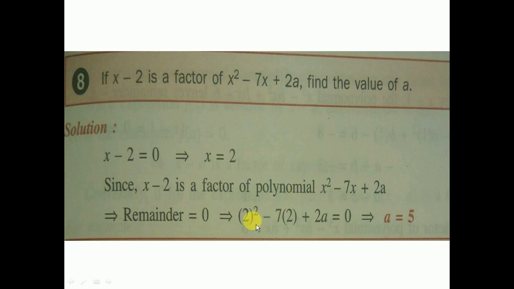So put x is equal to 2: 2 square minus 7 into 2 plus 2 into a is equal to 0. 2 square is 4, minus 14, 4 minus 14 is minus 10. Minus 10 goes to the other side as plus 10, 2a is equal to 10, a is equal to 10 by 2 is 5. Only one new word, is a factor, means the remainder is 0 when it is divided by x minus 2.